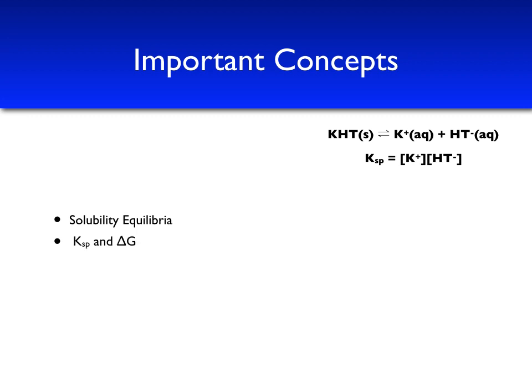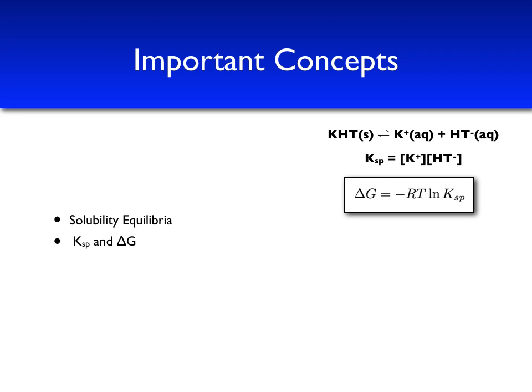KSP can be related to the Gibbs free energy change for this process using the equation delta G is equal to minus RT natural log of KSP, where R is equal to 8.314 joules per mole times Kelvin. Note that your units will be joules per mole for delta G, and T is your temperature in Kelvin.